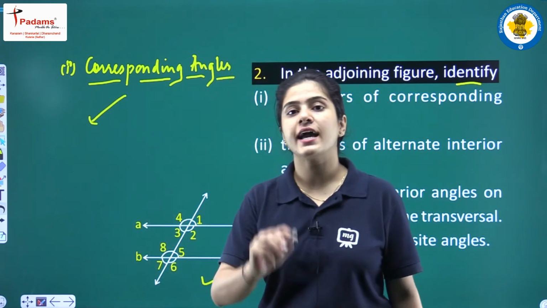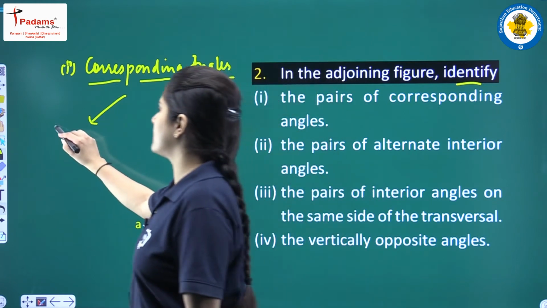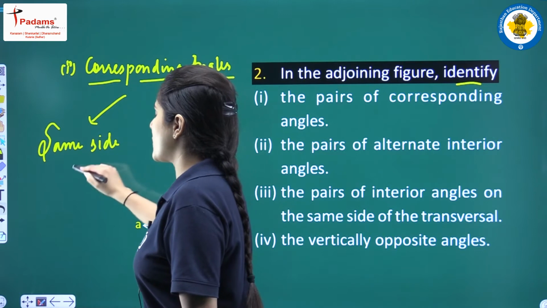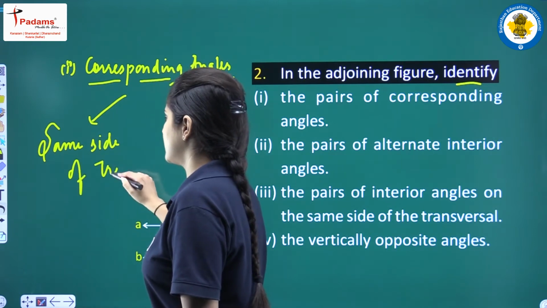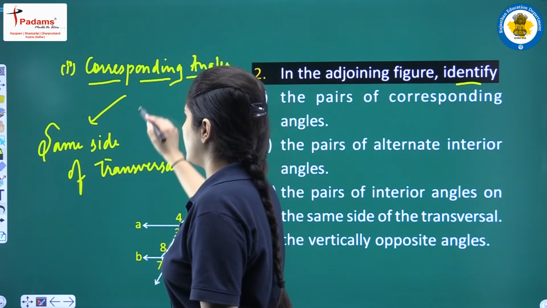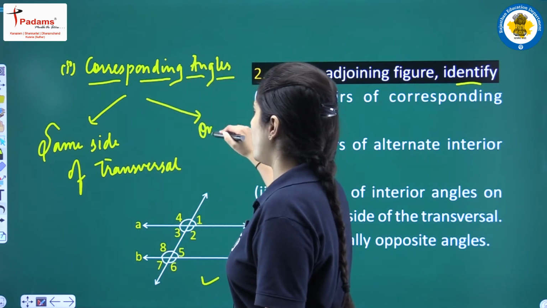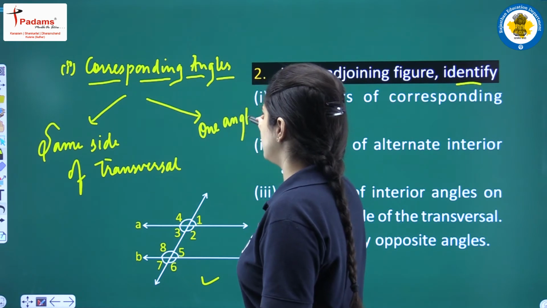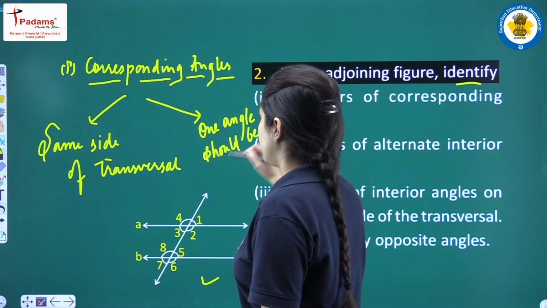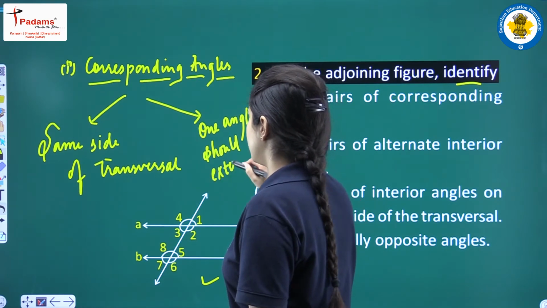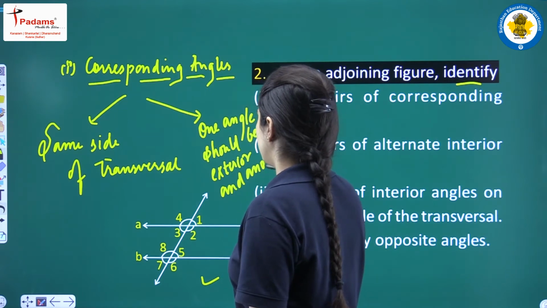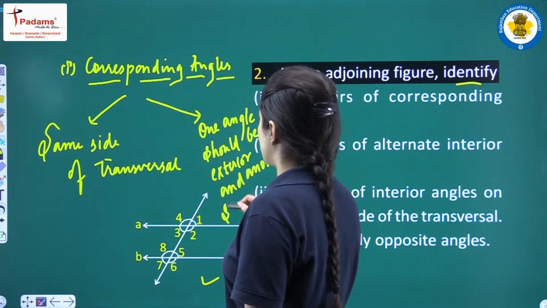First, they should lie on the same side of the transversal, right? And the second property was that one angle should be exterior and another should be interior, right?